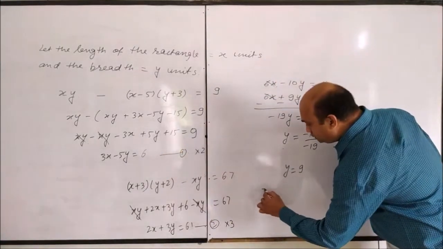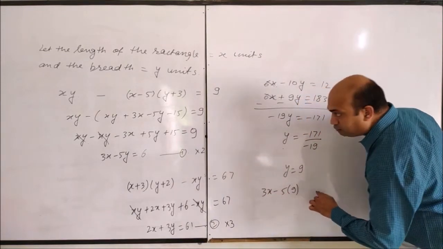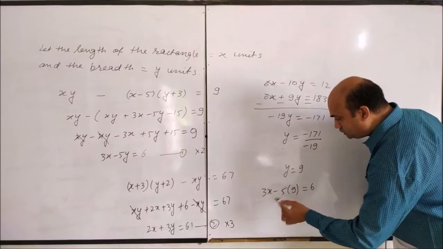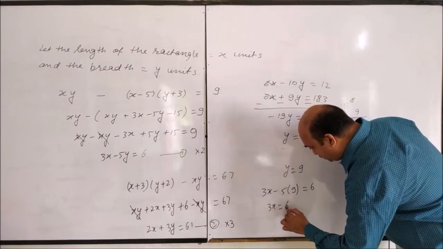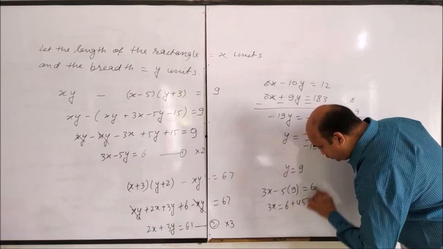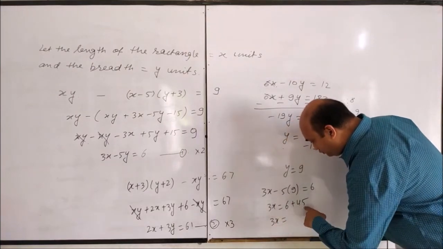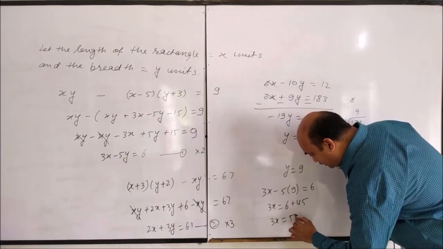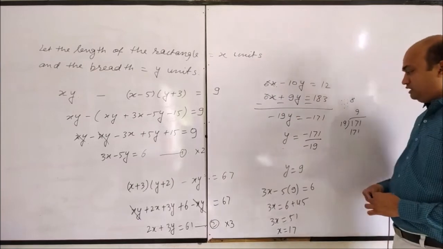The first equation is 3x minus 5y, y we put as 9, is equal to 6. Then 3x is equal to 6 plus 45, or 3x is equal to 51, or x is equal to 17.